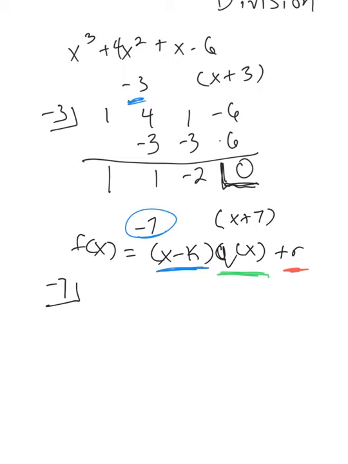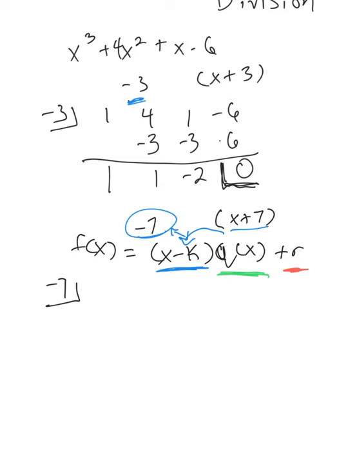Knowing that, we can put that in this equation here. So our k value would actually be -7, and our factor is x plus 7.